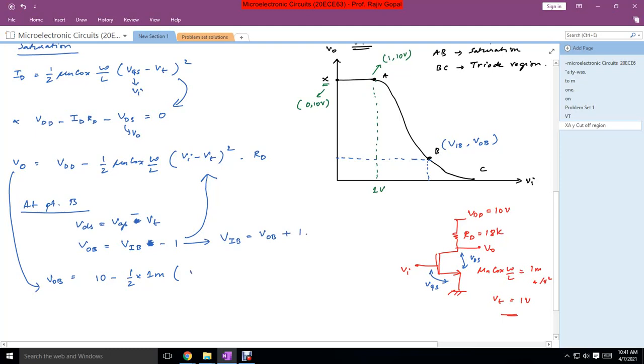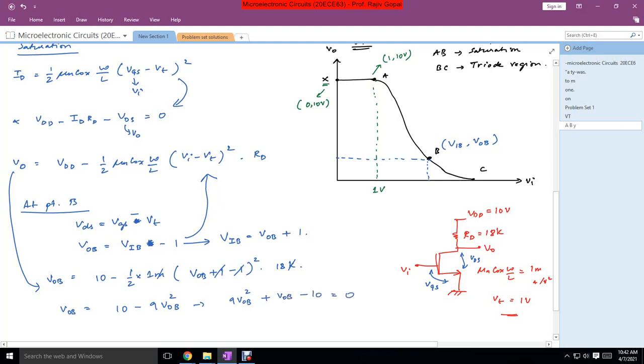I can write this as VOB plus 1 minus 1 whole square into RD, which is 18 kilo. So this kilo and this milli will get cancelled. Finally, VOB is 10 minus 9 VOB square. From this you can write 9 VOB square plus VOB minus 10 equal to 0.